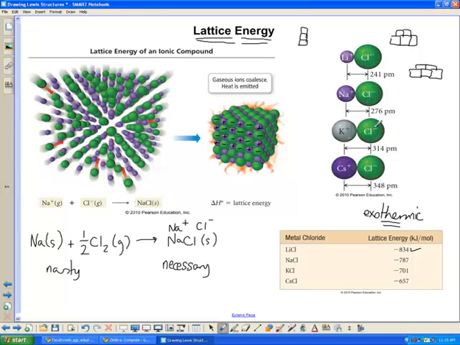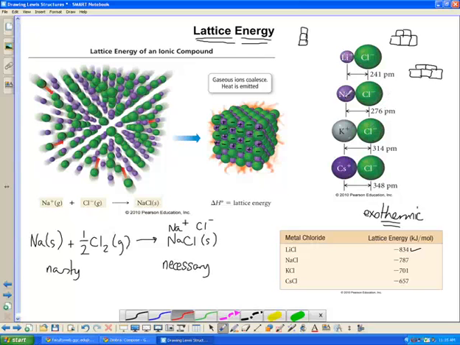Sodium chloride, you have a little bit less energy given out, and then when we get down to cesium chloride, then the energy is even less. So what's the difference here? Because all we're doing is bringing two atoms together, one metal, one non-metal. Well, actually, the difference here is due to the one variable, which is the size of the metal. You can see the size of the chlorine, of course, doesn't change.